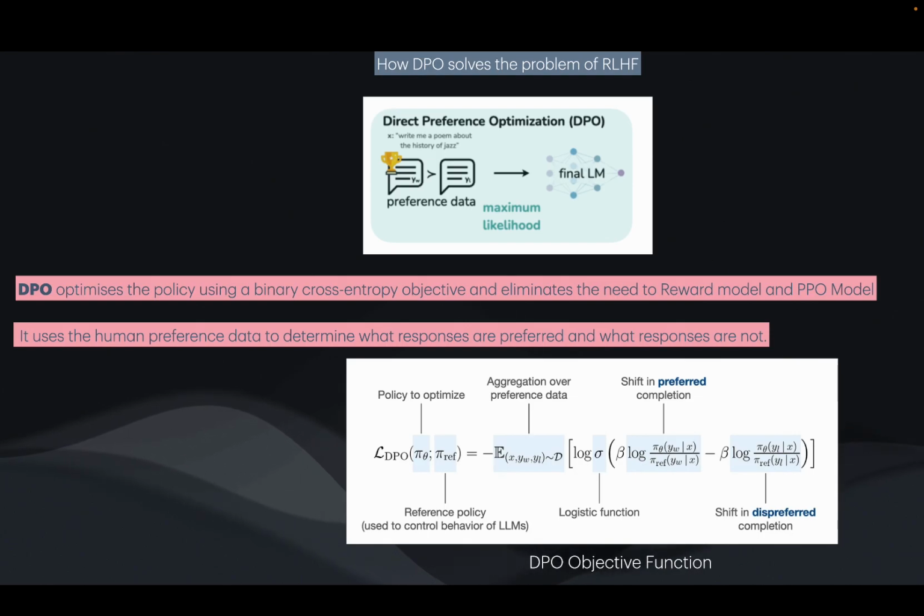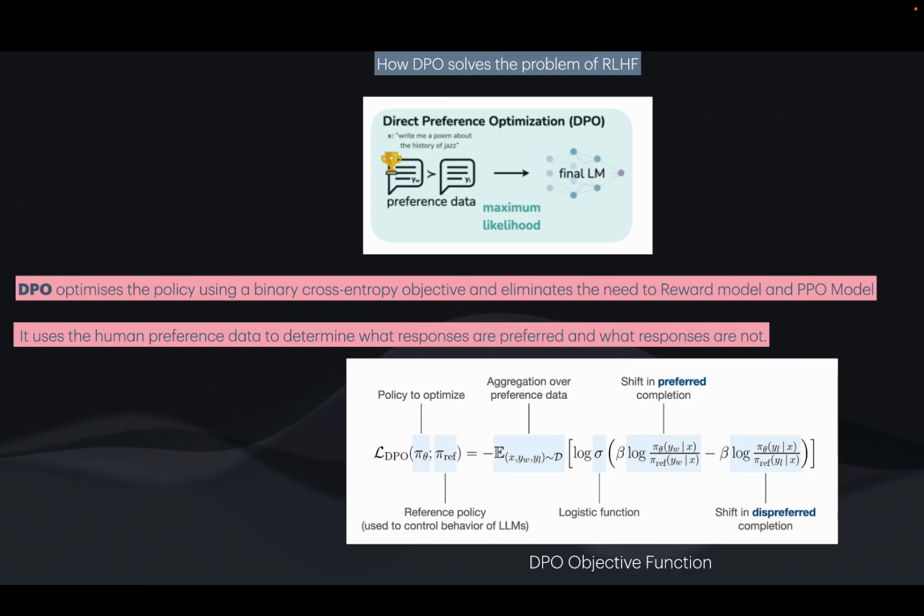Then we use a logistic function, the log of logistic function, and then there is a maximum likelihood objective portion, right, where we measure the shift in preferred completion, which is pi theta by pi ref, and which is nothing but y_w, or the preferred response given the x, or the prompt. And also we have the pi ref, which is the frozen model, where we also have the y_w given the x.